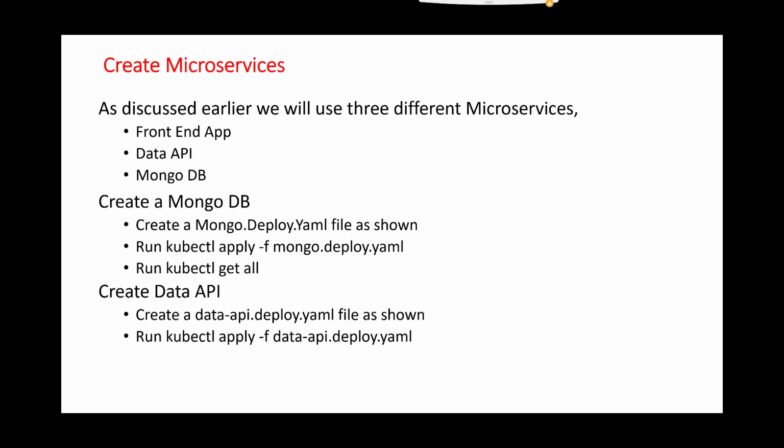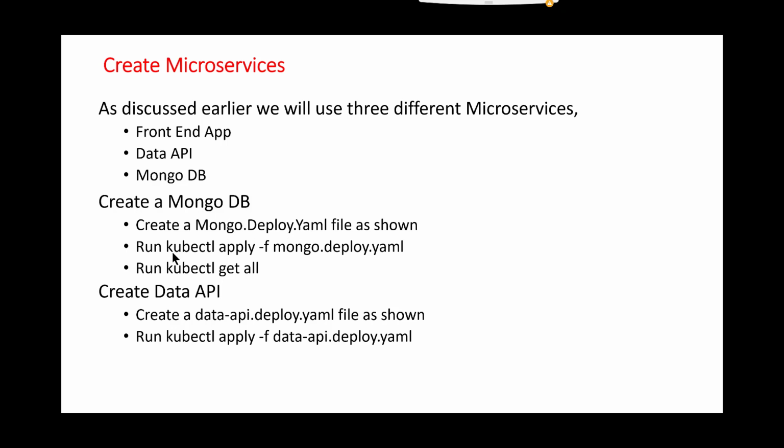The next step is to create all the required microservices, and as we know and have been seeing, we need to create 3 different microservices in our solution. One would be the front-end web app, the second would be the data API, and the third would be the MongoDB. We will start with creating the MongoDB. We'll create a mongo deploy YAML file, I'll show you in a second.